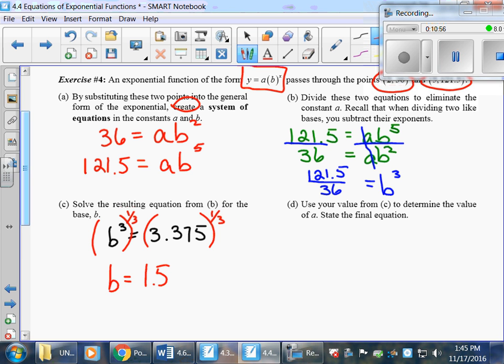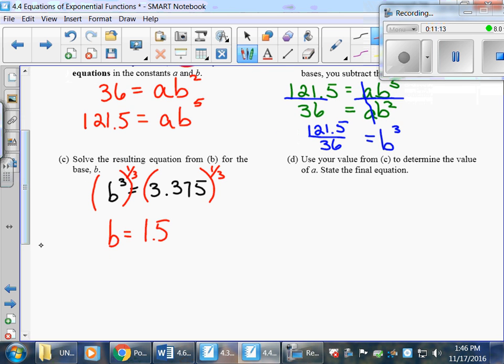You get 1.5. So now it says use your value from C to determine the value of A. If you need to pause at this point and comprehend what happened, you can do that. But remember, we're going to use one of the points. Let's use 2, 36.